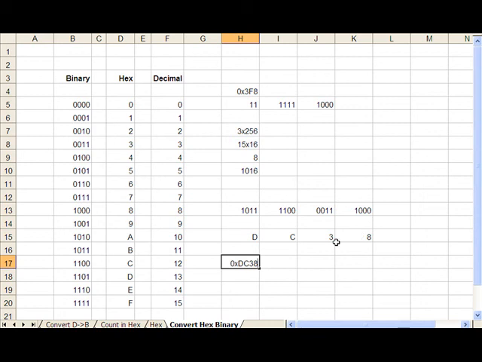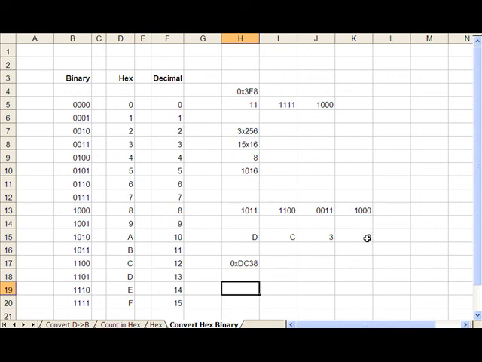So this binary number is this hex number, and we would write it 0xDC38. This conversion between binary and hex is much easier than the conversion between binary and decimal, or backwards, from hex to binary, and that's why we use hex, because of this 4 bits to 1 hex place relationship. What value is this in decimal?